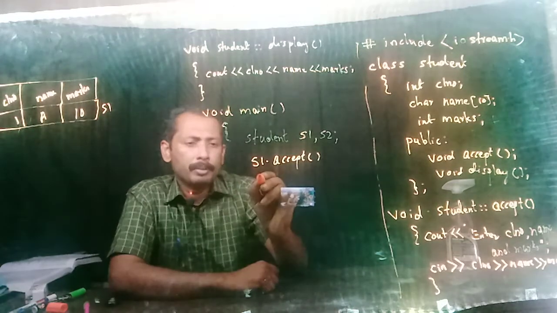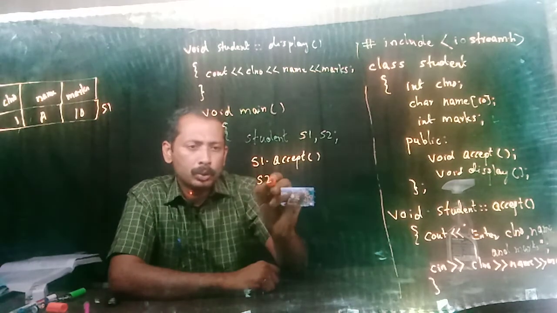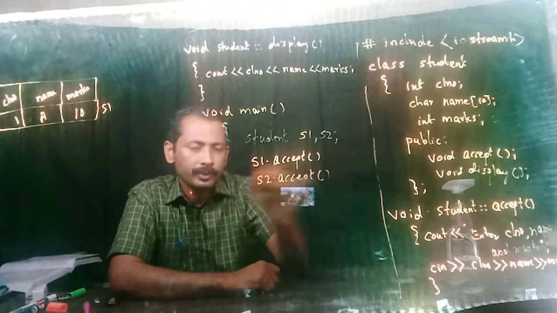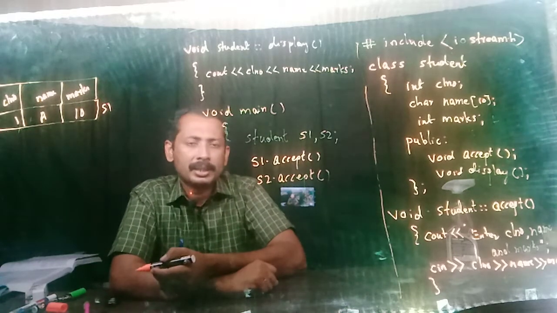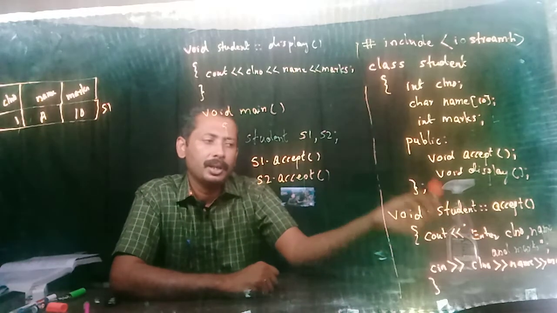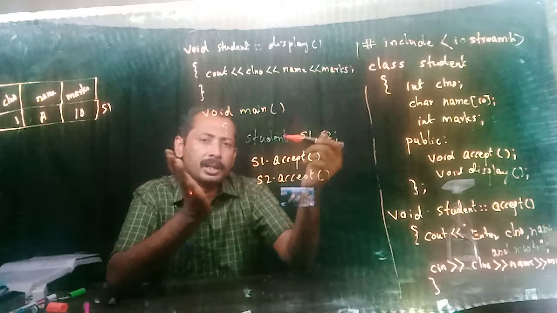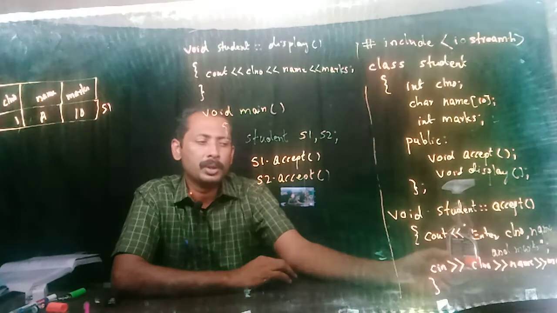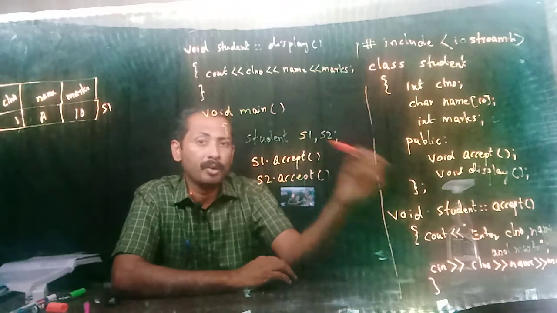Okay. Then I am again calling S2 dot accept. S2 is trying to accept. So S2 calls the function accept, and again there is a message, enter class number, name and marks. We will be entering values to class number, name and marks of S2.